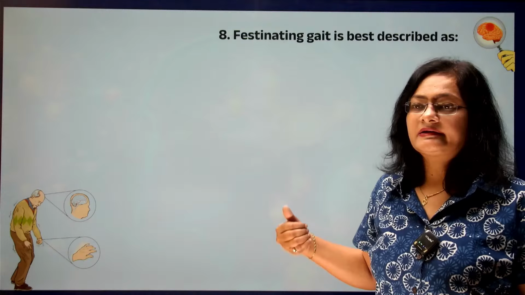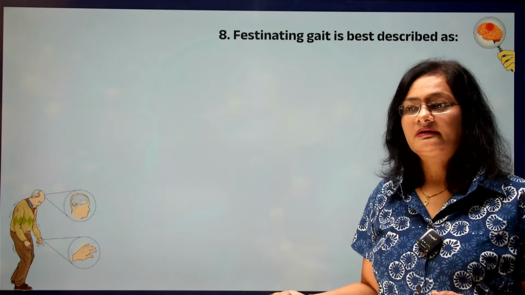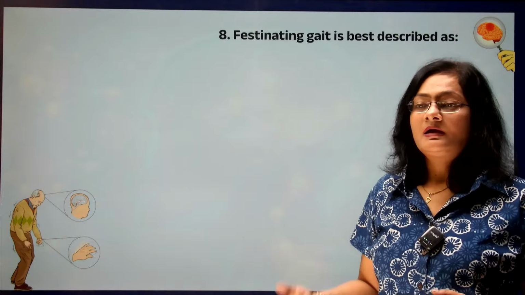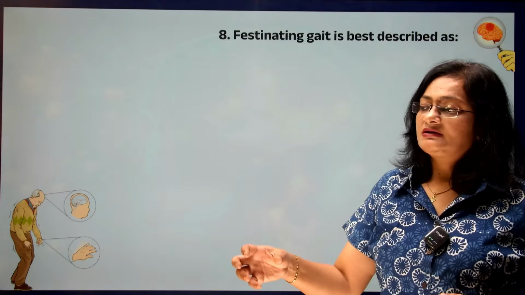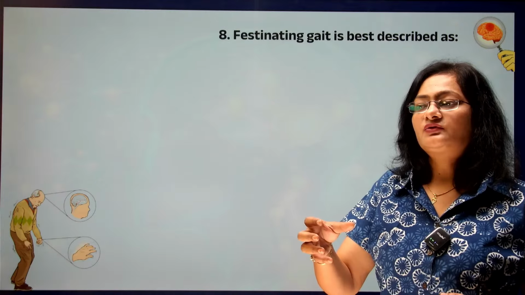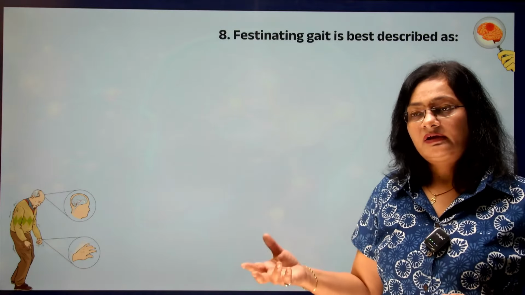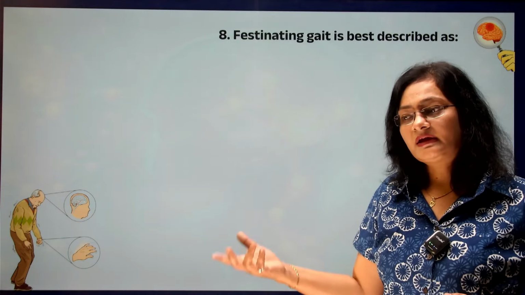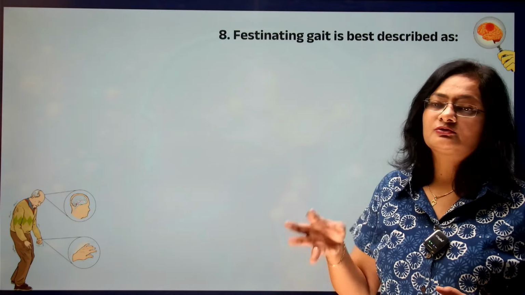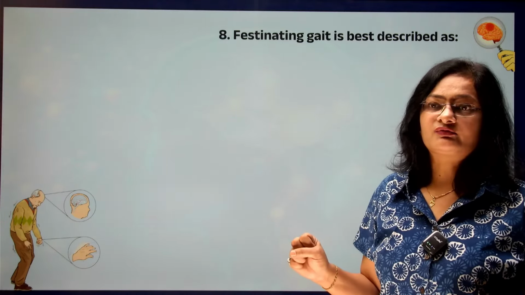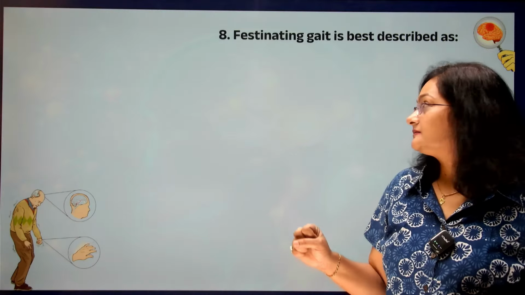Retropulsive is a backward accelerating characteristic, known as retropulsive gait. The patient will have difficulty in dual task. So when the patient is walking while holding a glass of water in hand, the patient will have difficulty. The patient may lose balance, or may have a freezing episode. So all these are the characteristics of festinating gait.